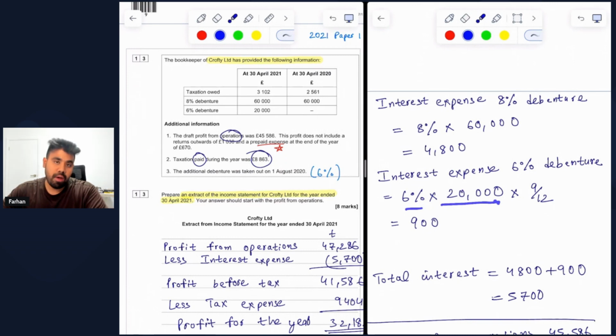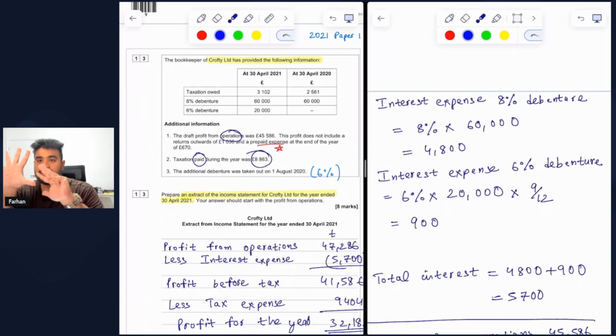But if you remember, the question says that the loan was taken out at 1 August 2020. So from 1 August 2020 until the end of the current financial year at 30 April 2021, how many months have passed? So we have August, September, October, November, December, and then January, February, March, and April.